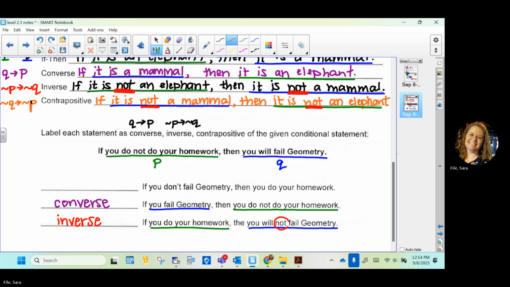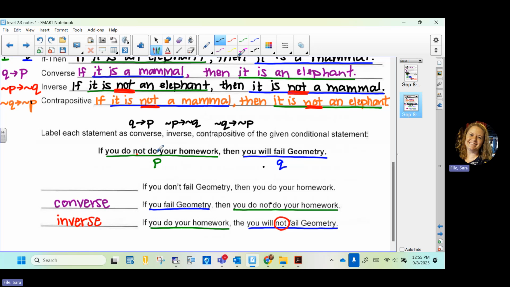Okay. Now this one, the opposite, it had a not to start. So now this one does not have a not. Double negative becomes positive. Okay, and so then that leaves, this must be the contrapositive, but we'll double check it. Because remember the contrapositive, you keep the not, but you switch the order. So if not, you not. So if you do not fail geometry, then not. So the opposite.